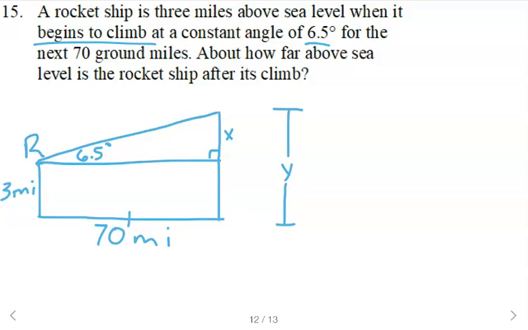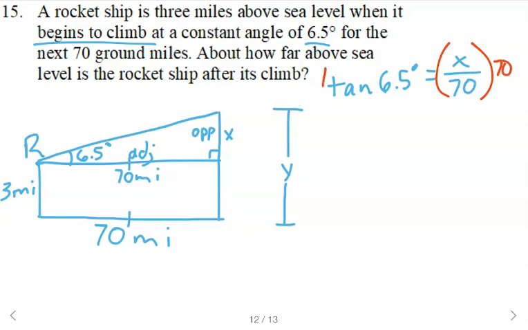All right, so these distances are the same. So this distance is 70 miles. And so the trig ratio that we'll use for this angle will be tangent, opposite over adjacent. So tangent of 6.5 degrees is equal to x over 70. Trying to solve that for x, we can multiply both sides by 70.